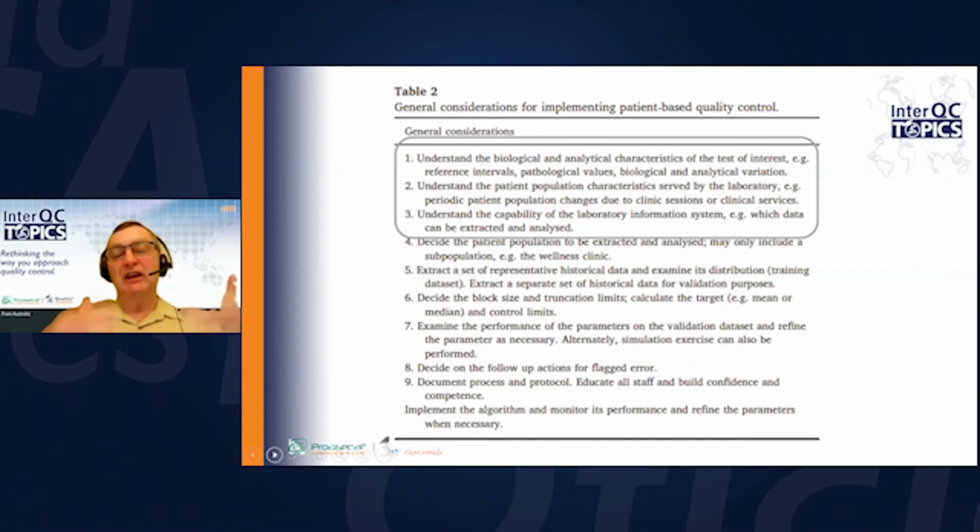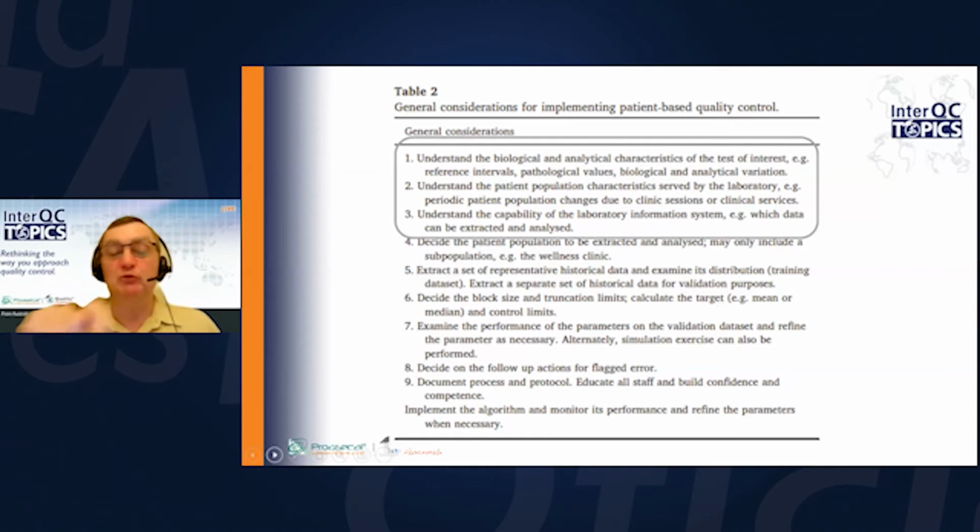First, for the test of interest, be it sodium or whatever, you need to understand the biological variation of that test, because clearly if there's a seasonal variation, or a variation because of sex or age, that's going to have an impact on the average of your patient values. So for instance, with vitamin D, there's a seasonal variation in many countries, depending whether there's sunlight or not so much sunlight.